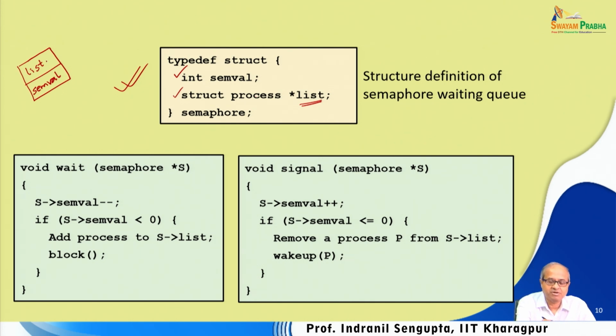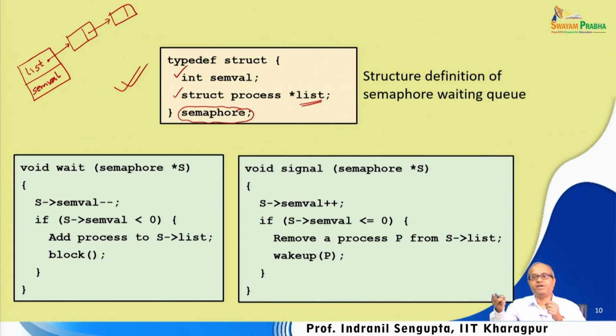So, actually from here it will be pointing to a process structure which will be chained in a linked list like this. And this whole structure definition we are defining a data type, we are calling it semaphore. So, for every semaphore you are defining, there will be a semaphore value and there will be a list of waiting processes for that semaphore, right.